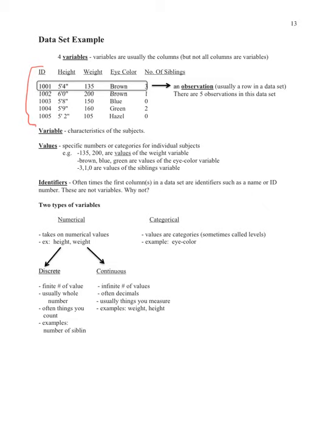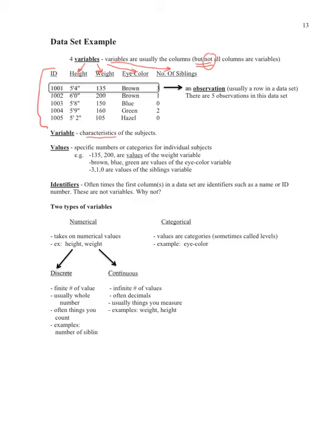Variables are characteristics of the subjects, and the characteristics we have here are height, weight, eye color, and number of siblings. The variables are usually the columns, but not all columns are variables. And we'll come back to that in just a minute.